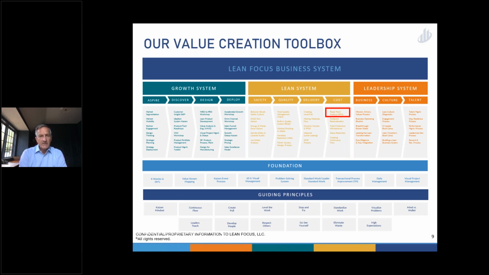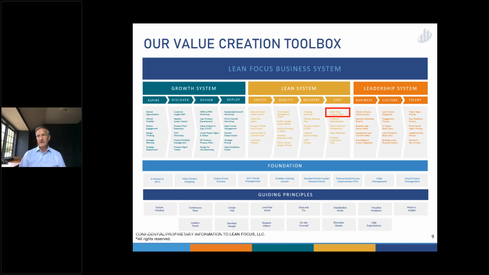Then you've got the 9 foundation tools. These are problem solving, daily management, value stream mapping, very important fundamental things. And those foundation tools will get you 80% of what you need to do to complete a Lean transformation.